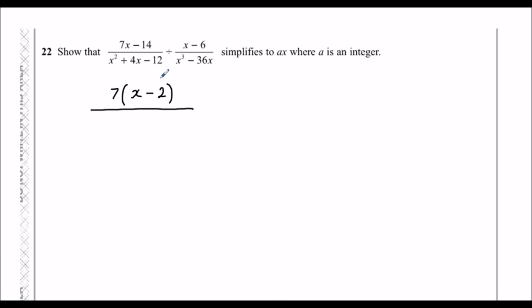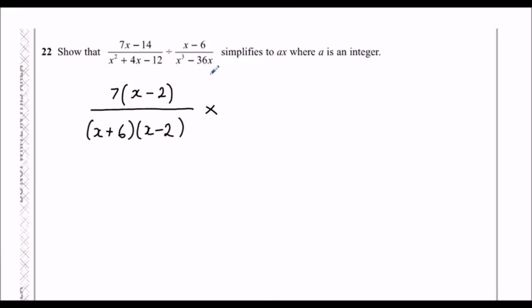And that's over a quadratic, so an x in both brackets. What multiplies to make -12 and adds to make +4? That's a +6 and -2. And then that's times, we've got x cubed minus 36x.